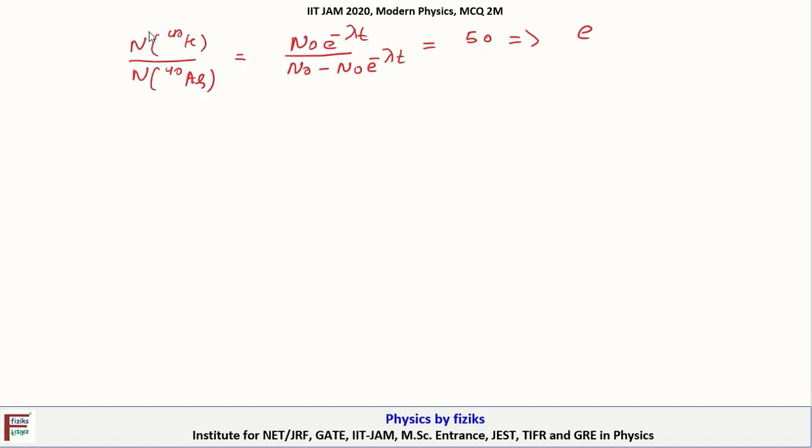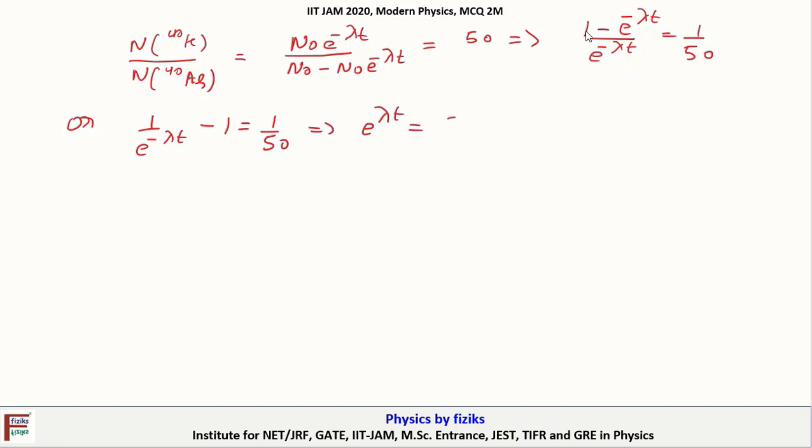This implies 1 minus e⁻ lambda t divided by e⁻ lambda t is equal to 1 by 50, or 1 by e⁻ lambda t minus 1 is equal to 1 by 50, so e lambda t is equal to 51 by 50, that is 1.02, or t would be 1 by lambda ln 1.02.